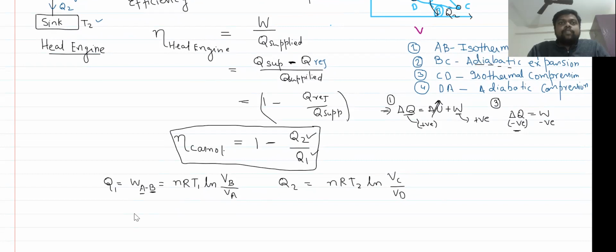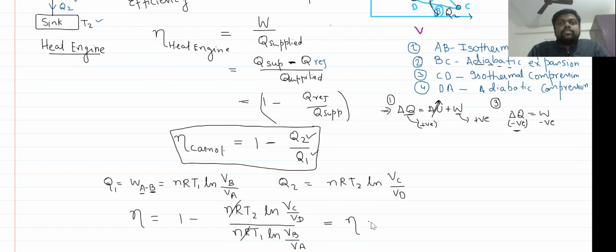Now when you put this, you will get the efficiency as 1 minus of Q2, which is nRT2 ln of VC by VD, by nRT1 ln of VB by VA. This nR and nR cancel.